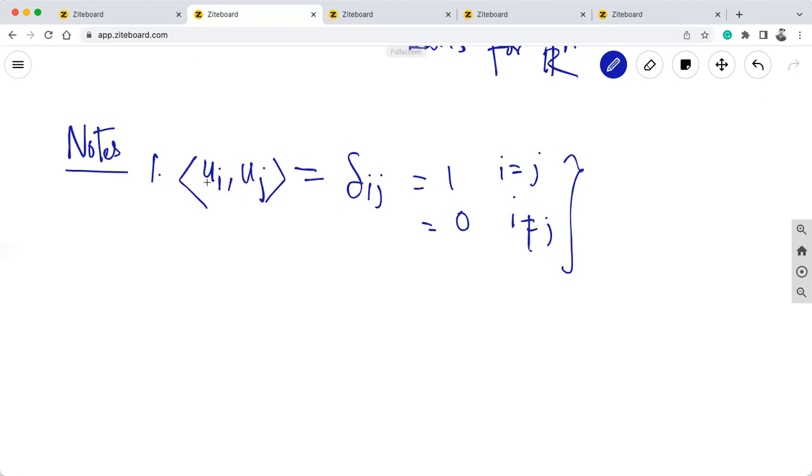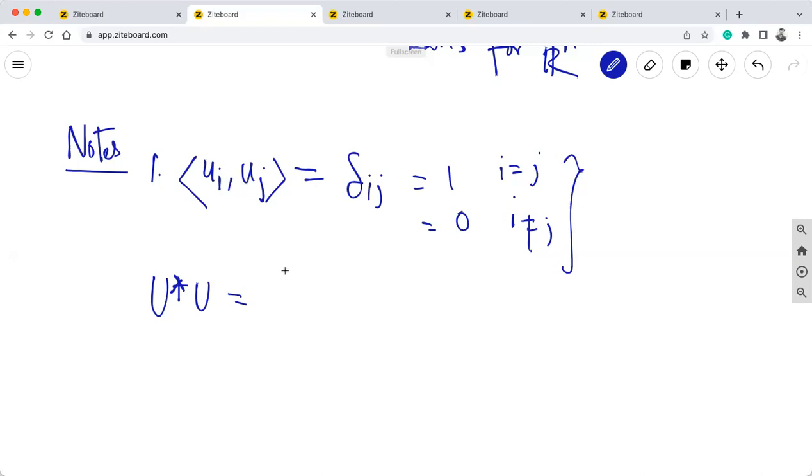So it implies that if you have the matrix U, which takes all these Ui's or Uj's as the columns, then if you take the conjugate transpose and multiply it with U, effectively the similar elements give you 1 and the dissimilar vectors give you 0.